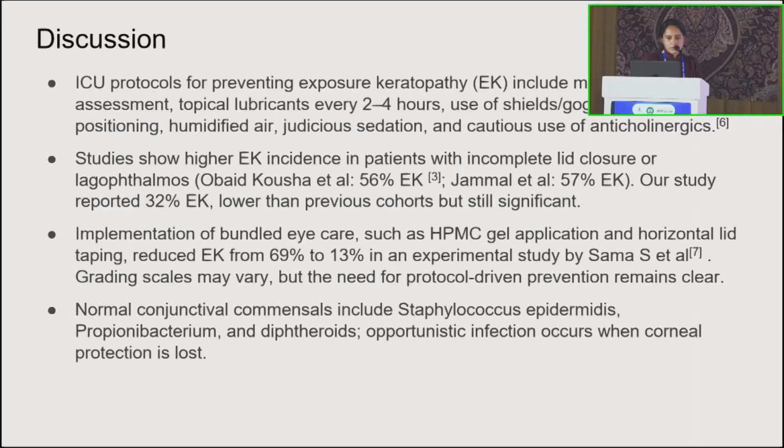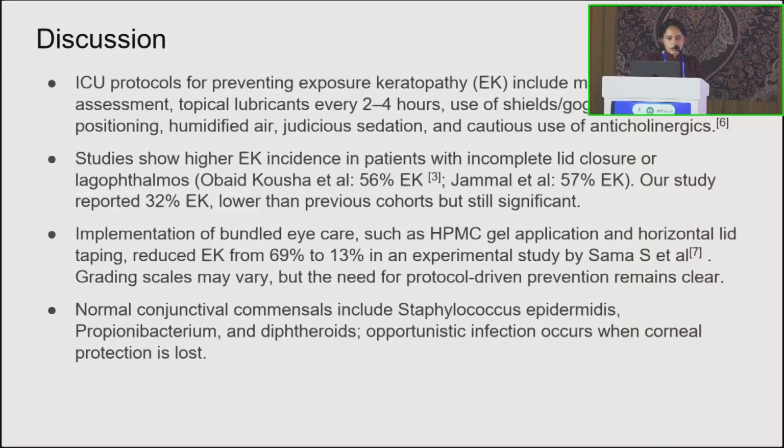The ICU protocols for preventing exposure keratopathy include mandatory daily assessment, topical lubricants, use of shields or goggles, careful patient positioning, humidified air, judicious sedation, and cautious use of anticholinergics. Most of the studies show a higher incidence, but in our study we saw 32%, which is still significant.